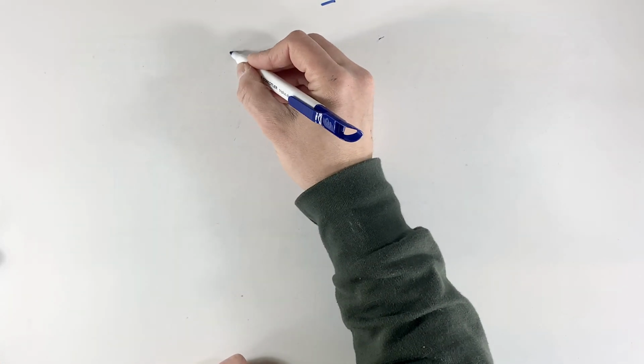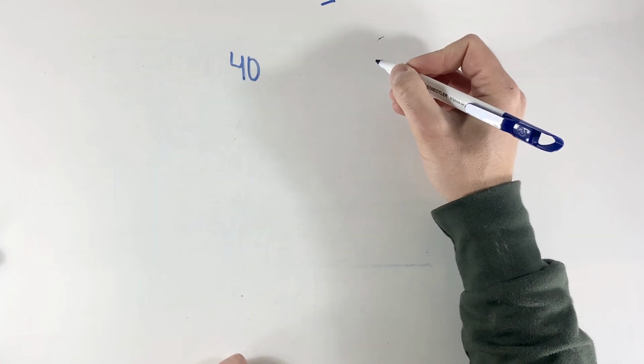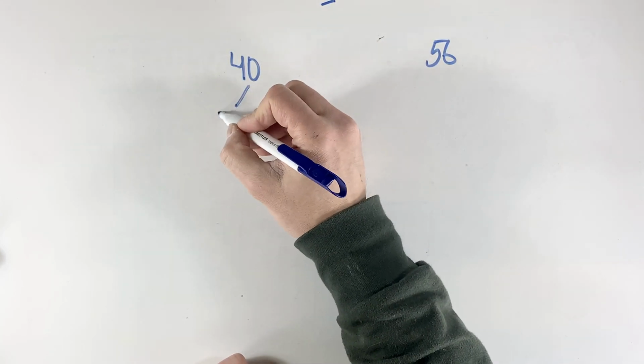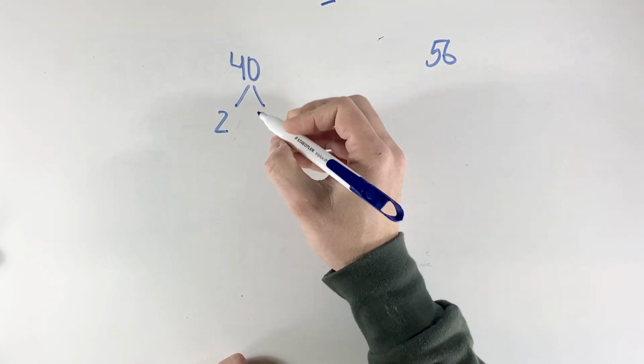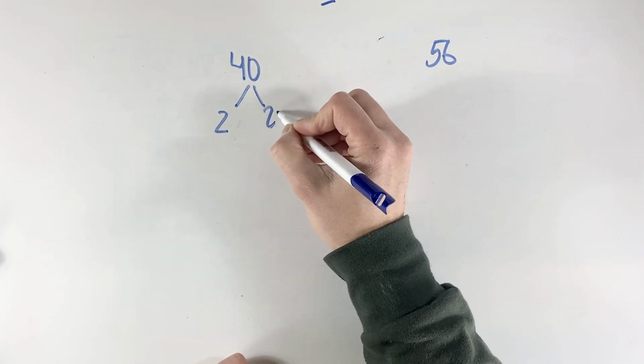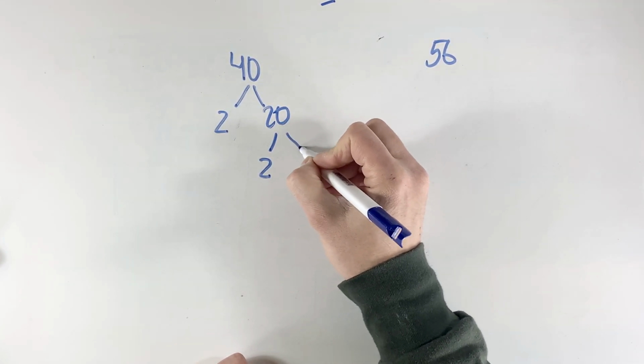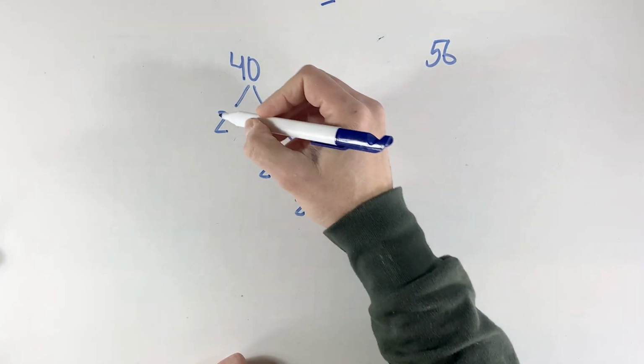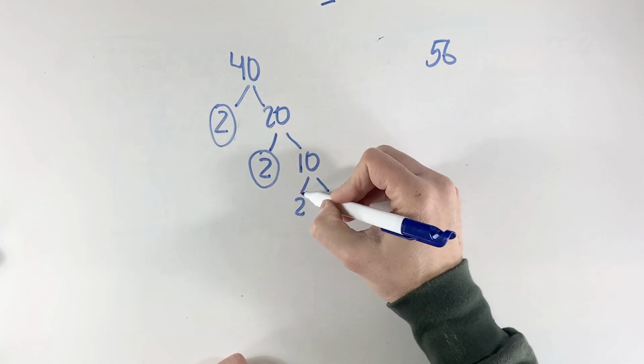The next pair of numbers is 40 and 56. We do the tree method again. Okay, so there are our prime factors.